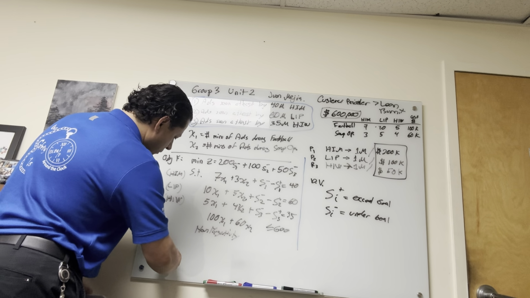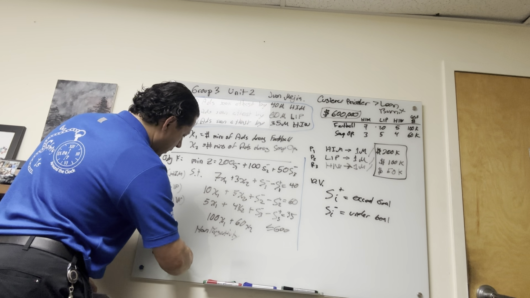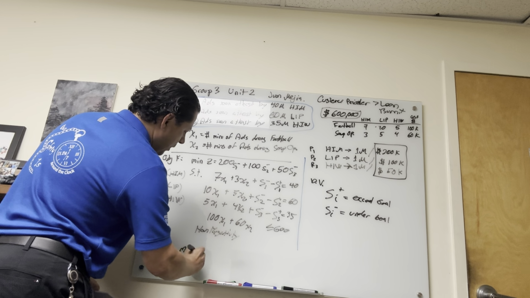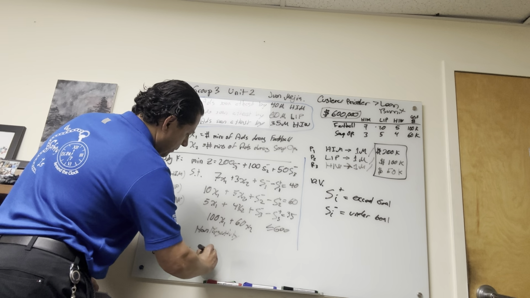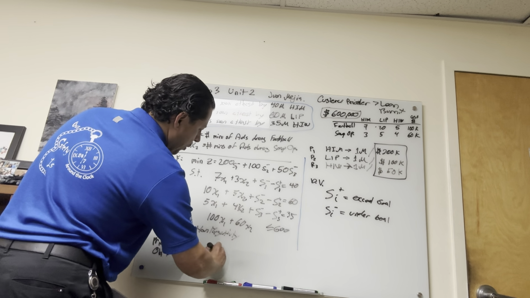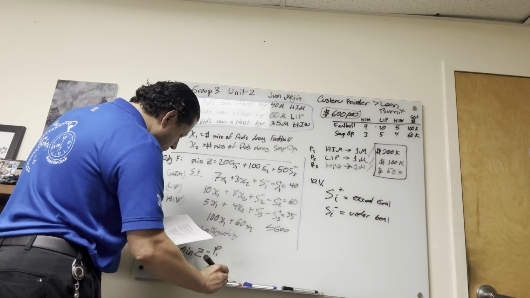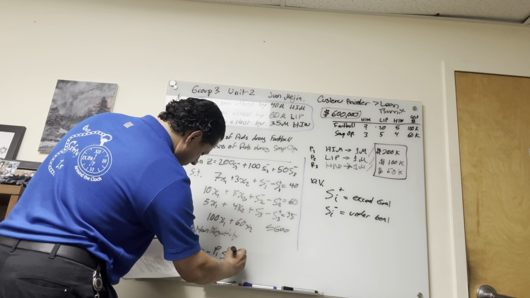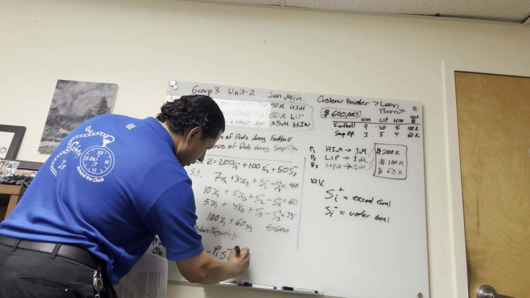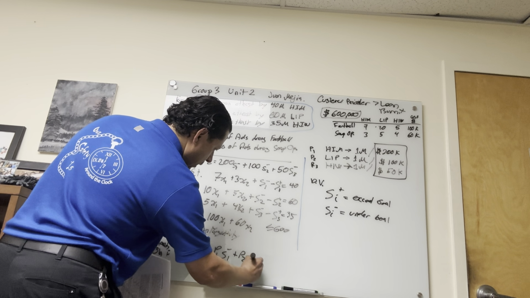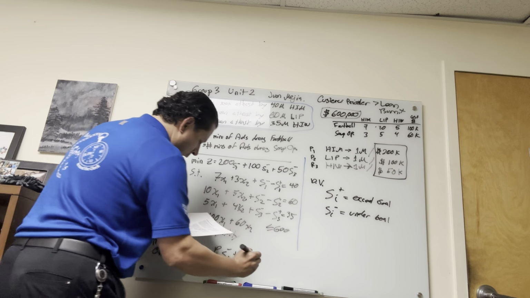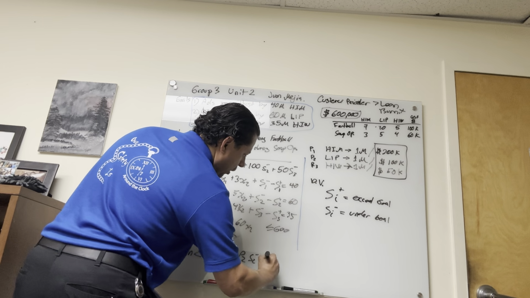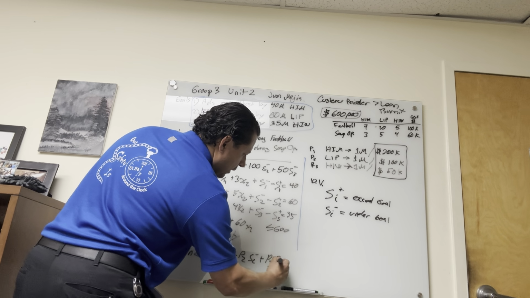We're going to minimize the impact, and it's going to look something like priority 1 S1 plus priority 2 S2 under, and priority 3 S3 under.